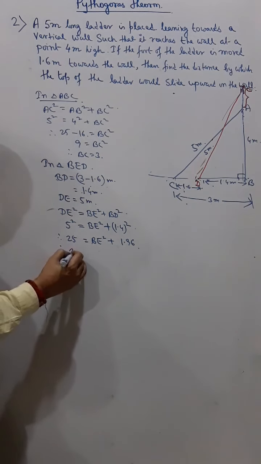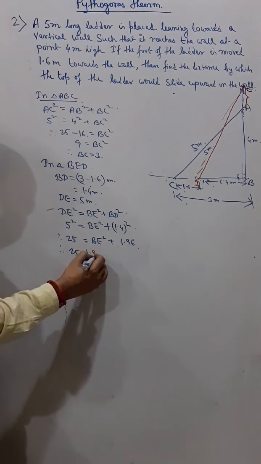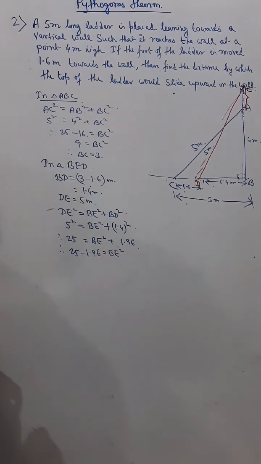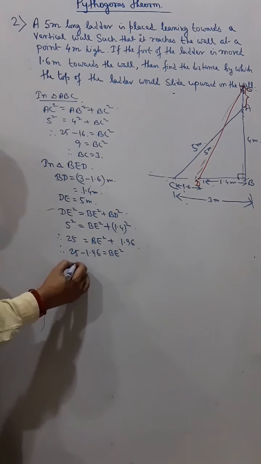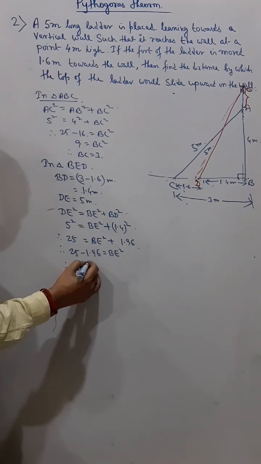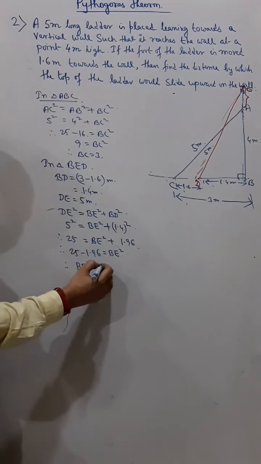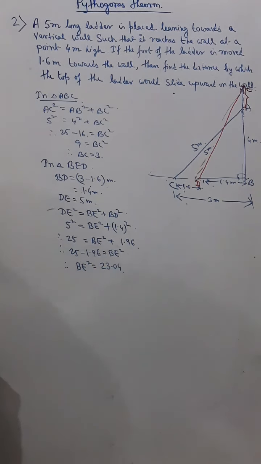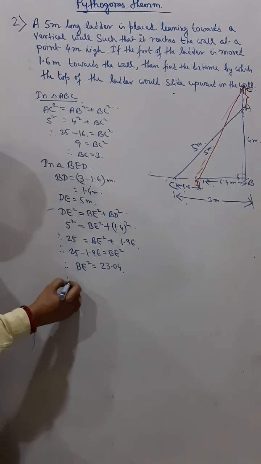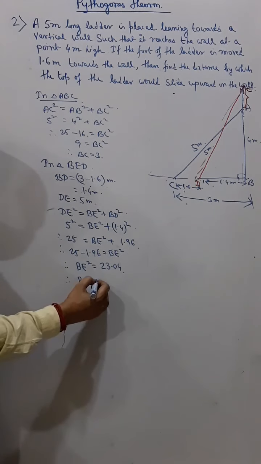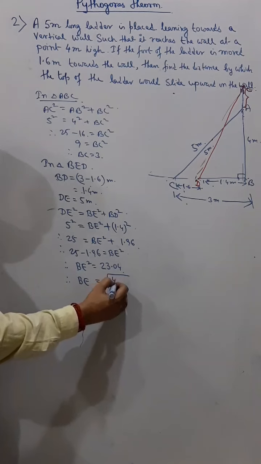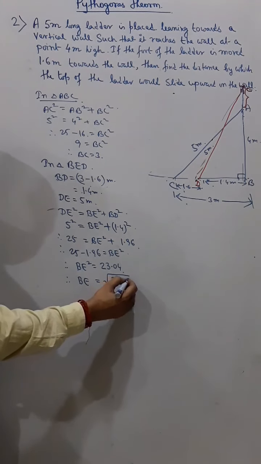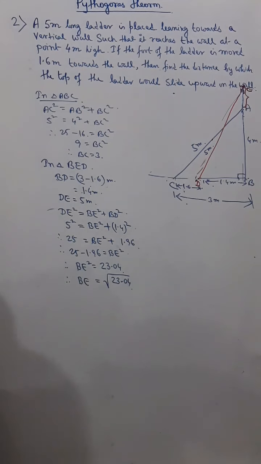So finally we got 25 minus 1.96 is equal to BE square, and after subtracting we'll get BE square as 23.04. And then finally we get BE as root over 23.04.